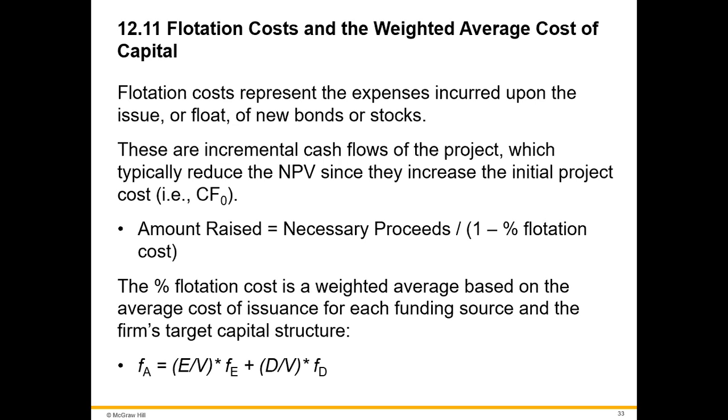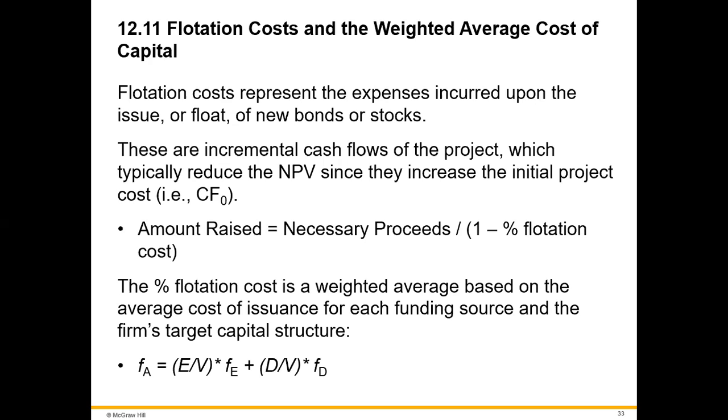Or better yet, we could take 500,000 divided by 100% minus the 6% or 0.94. That's a better calculation. And we get what's the actual cost of this project at time zero? $531,915.